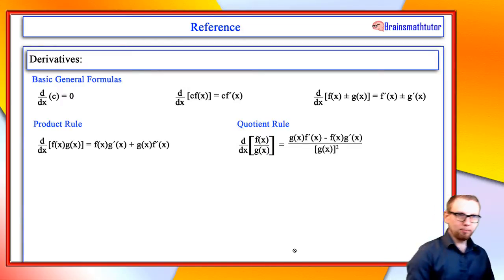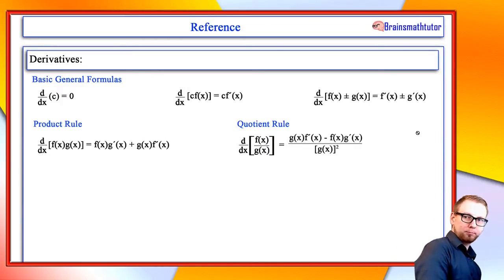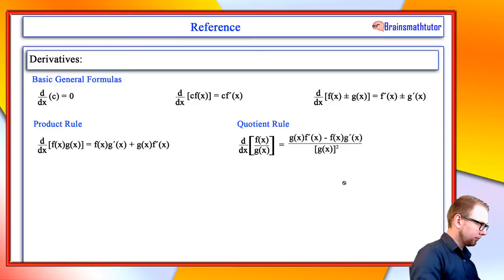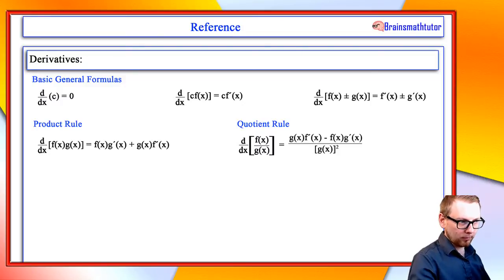Yeah, it doesn't look too bad. Okay, merging time.